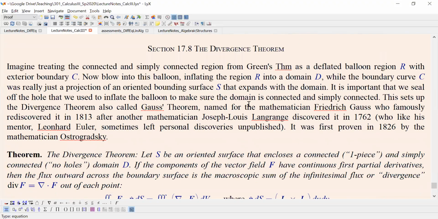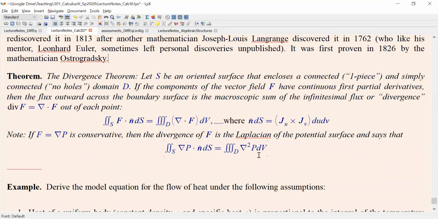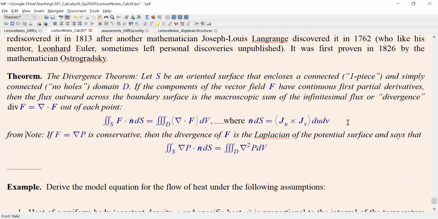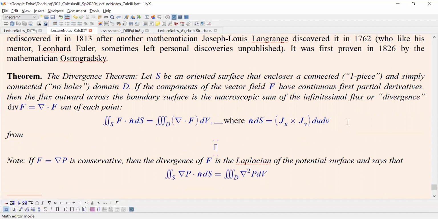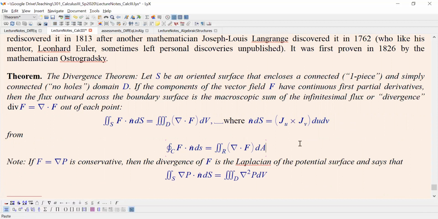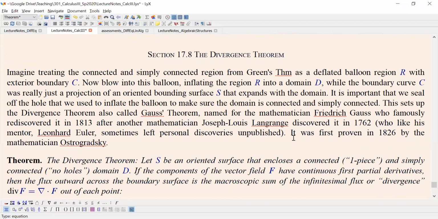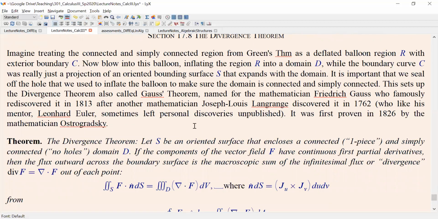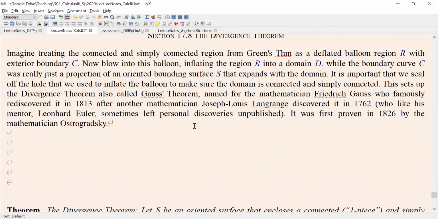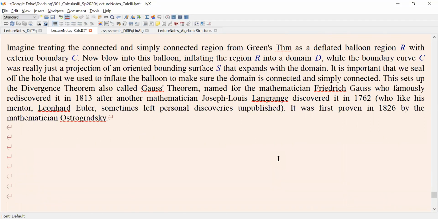So let's talk about the divergence theorem. I'll quickly paste in the Green's theorem version and come back up here a little bit, give us some space to talk, discuss it.